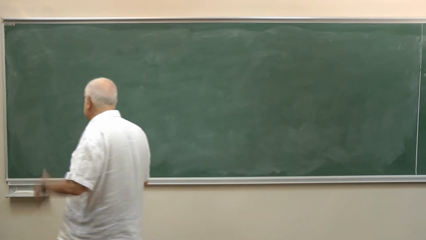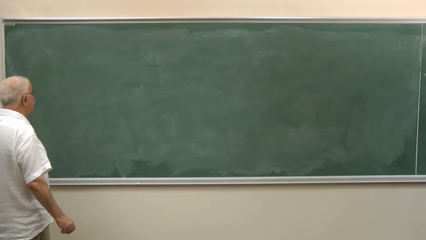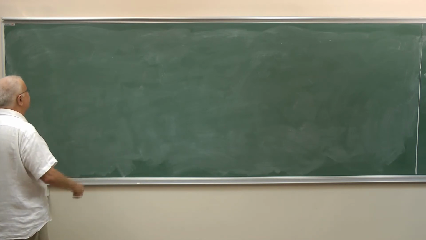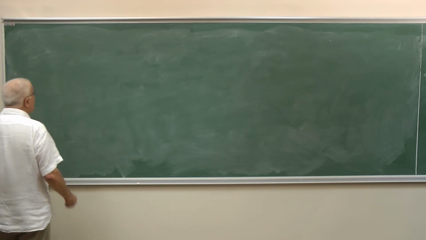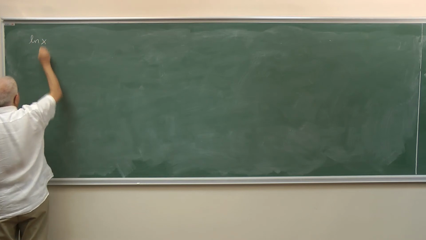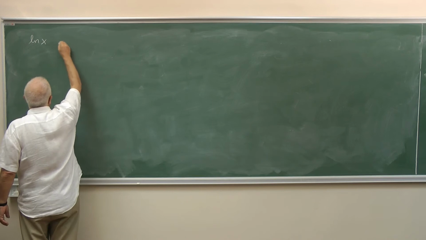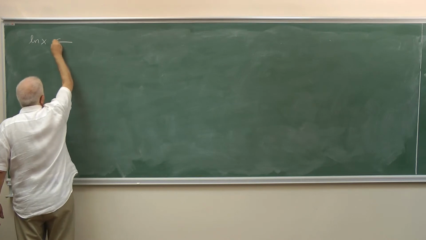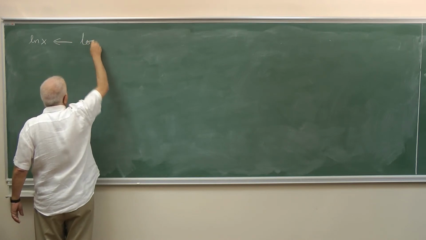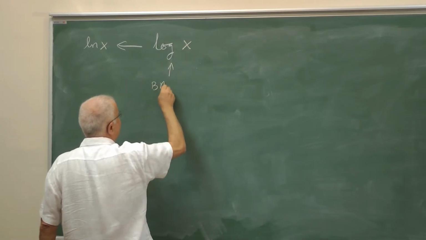Which brings us to the other immense project of exponentials and logarithms. Historically, ln x came much later with Euler. The original thing was the so-called log x. This is to base 10.